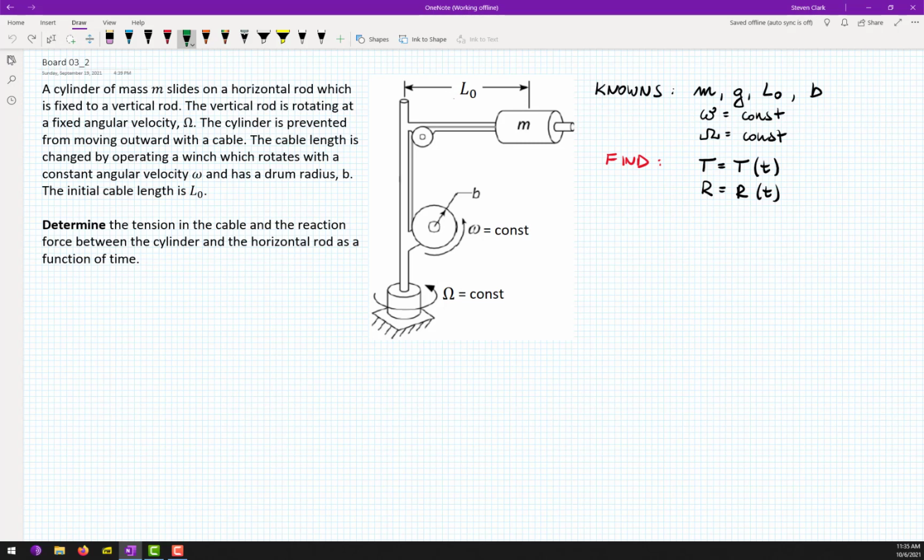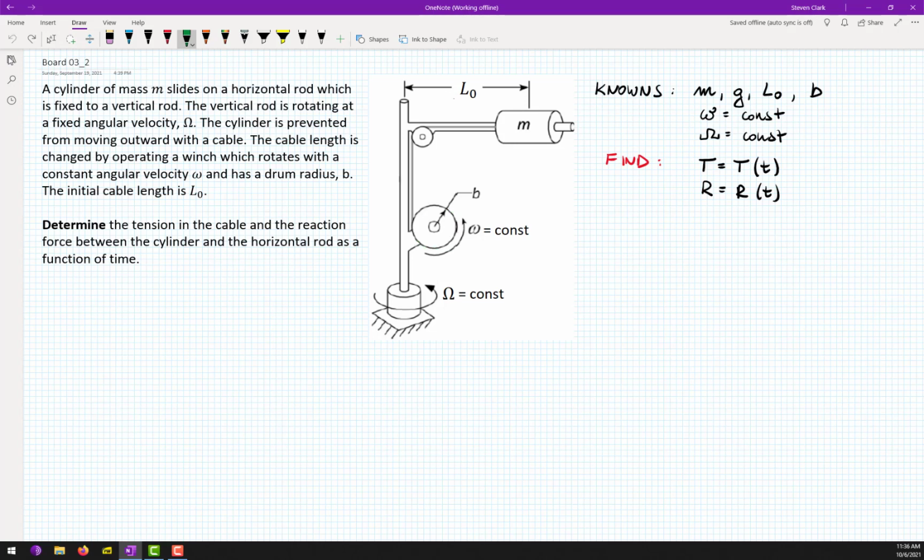However, we have this cable. This cable will kind of replace the friction there. It will produce that horizontal force. And that cable is being wrapped around this winch, they call it winch.